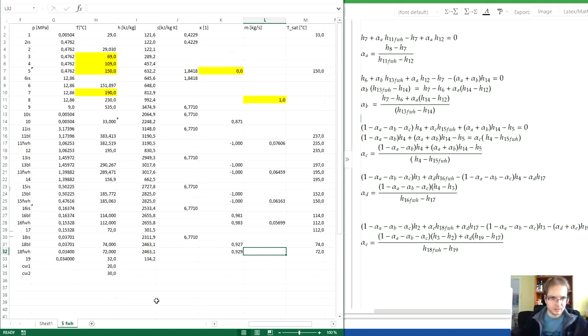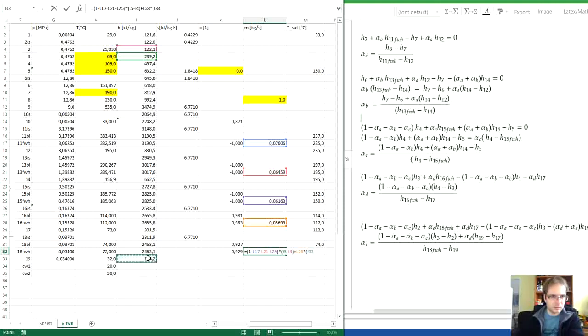And lastly, we have 1 minus alpha A, alpha B, alpha C multiplied by H3 minus H2 plus alpha D times H19 minus H17, and all this divided by H18 feedwater heater minus H19.